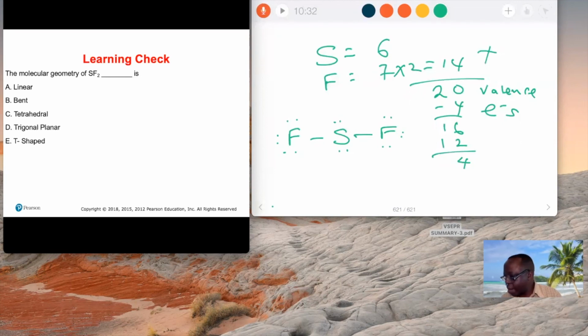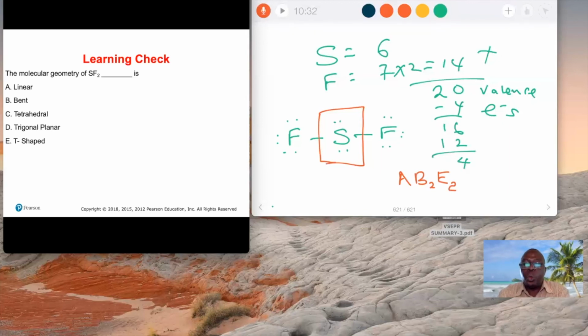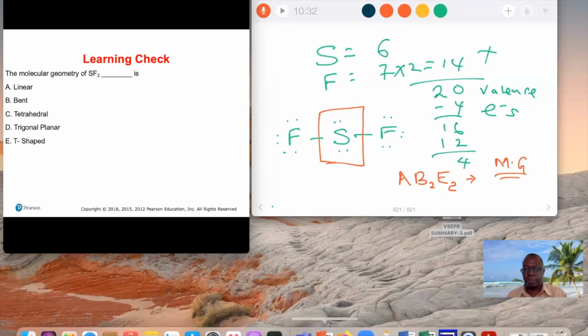Now, let's narrow into our central atom. We use the central atom to predict either the molecular geometry or the electron domain geometry. If I use the generic formula, it is A for the central atom, B2, and then E2, we have 2 pairs, not 4 electrons, 2 pairs of electrons around the central atom. And the molecular geometry, if I have the table here, look at the table.